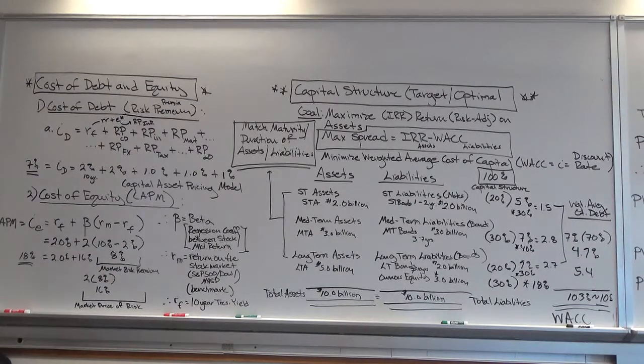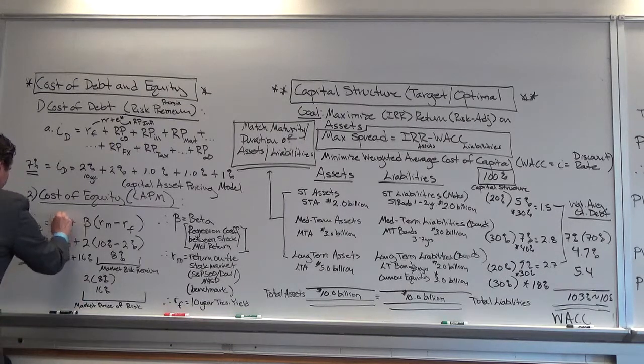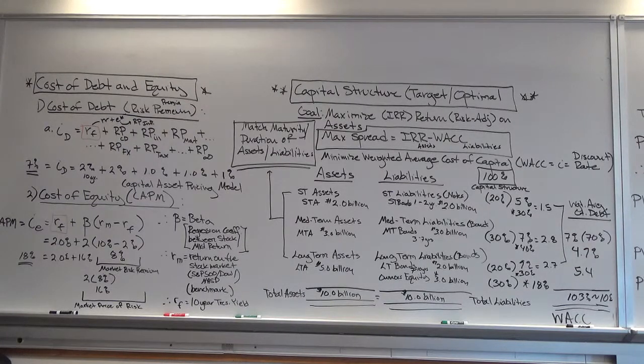And the capital asset pricing model, as you can see again, starts with the risk-free rate. So if the risk-free rate goes up, in any situation, it's going to drive up the cost of debt and equity. If the risk-free rate goes down, it's going to drive down the cost of debt and equity. So the risk-free rate and the yield curve is extremely important in determining the cost of debt and equity for a firm. So I came up with another scenario.